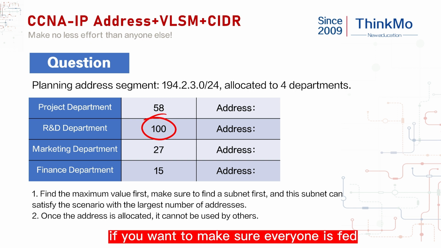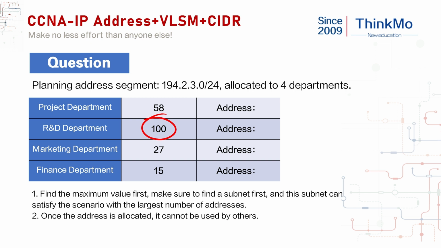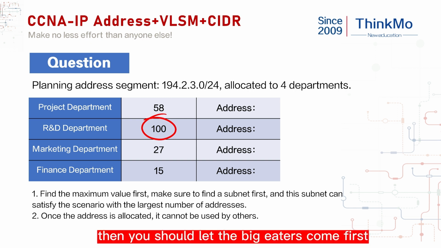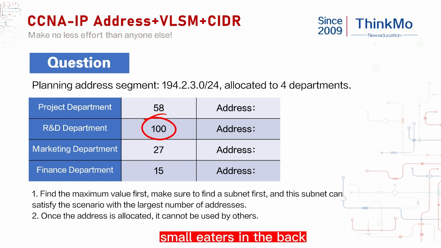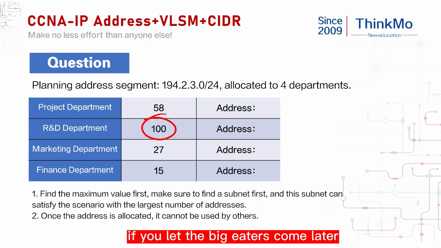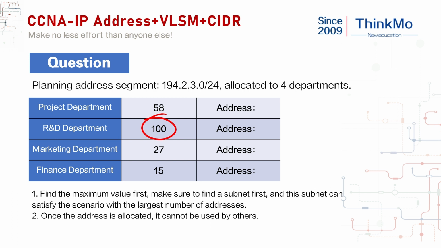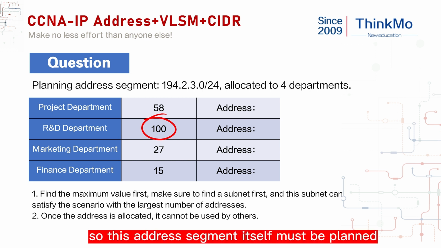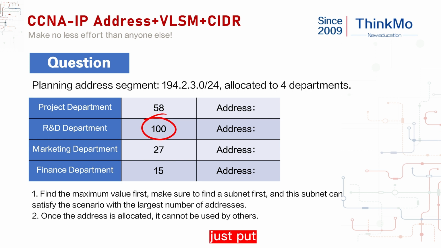If you want to make sure everyone is fed, you should let the big eaters come first and the small eaters in the back, since they have some headroom. If you let the big eaters come later, the leftovers might not be enough. So this address segment itself must be planned.